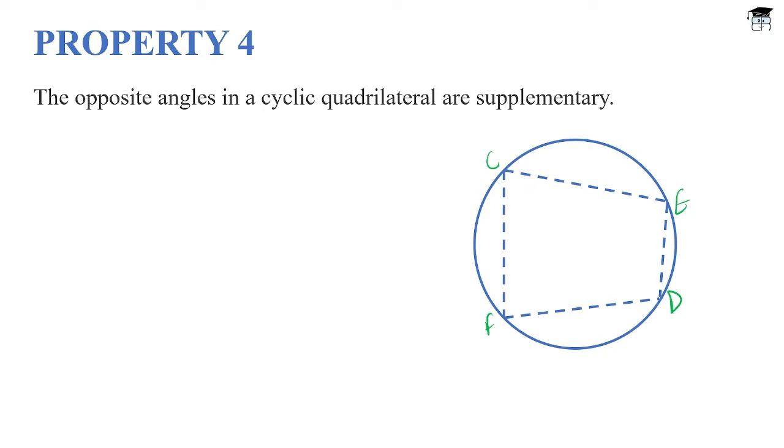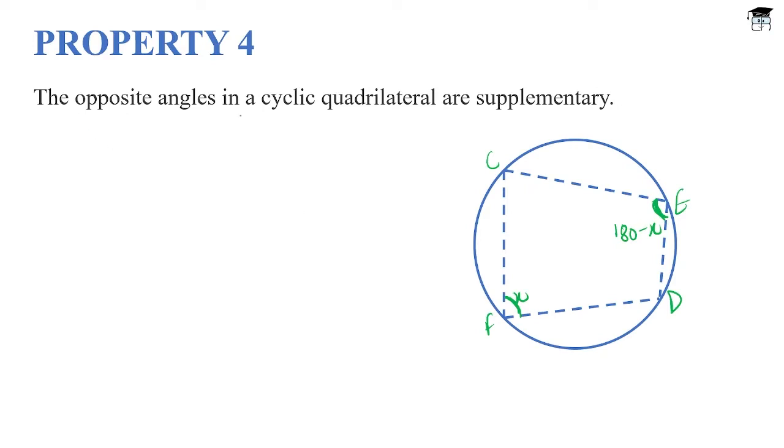All right. Now this angle and this angle, we are talking about these two angles, angle at F and angle at E. If this angle is X, then this angle will be 180 minus X. So what is this property?